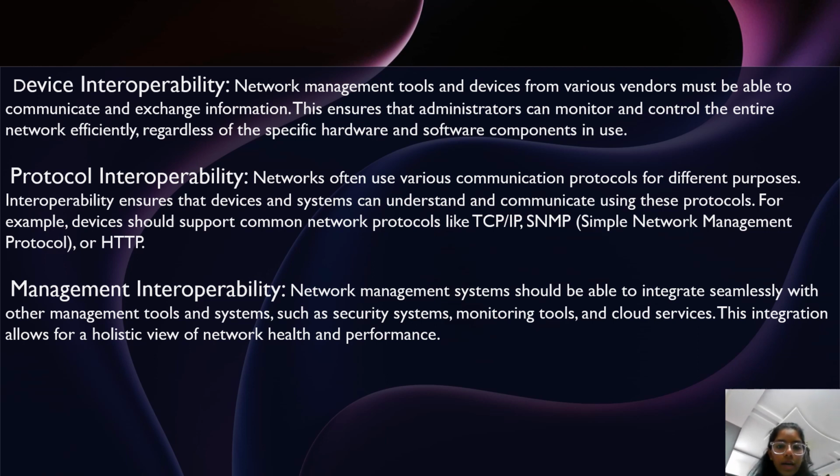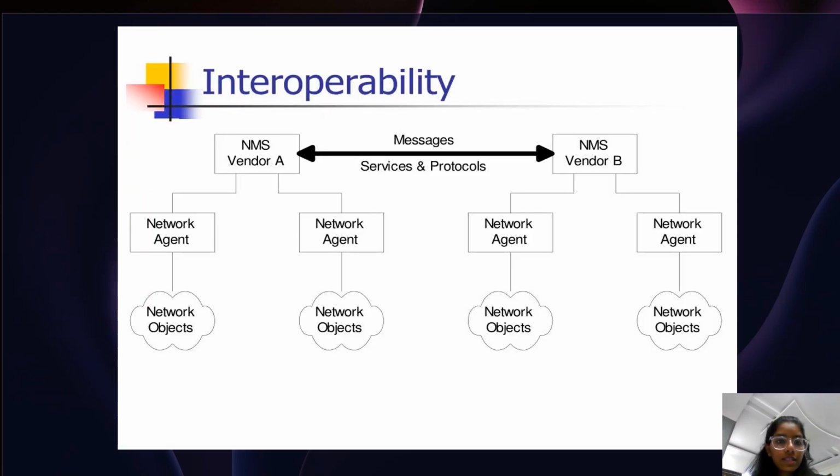Management interoperability. A network management system should be able to integrate seamlessly with other management tools and systems such as security systems, monitoring tools, and cloud services. The integration allows for a holistic view of network health and performance. Let's see the example. Here we have two network management systems, and interoperability means communicating between two devices.